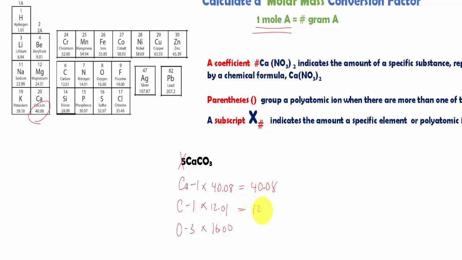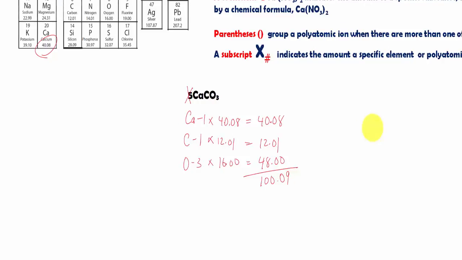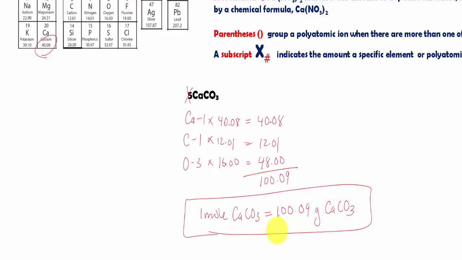For carbon it is 12.01, and for oxygen it is 48.00 because there are 3 of it. We add them together and have 100.09. And to express this as a molar mass, we have 1 mole of CaCO3 equal to 100.09 grams of CaCO3. And there you go. That is our molar mass.